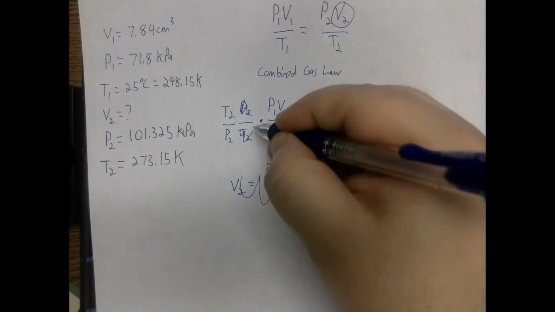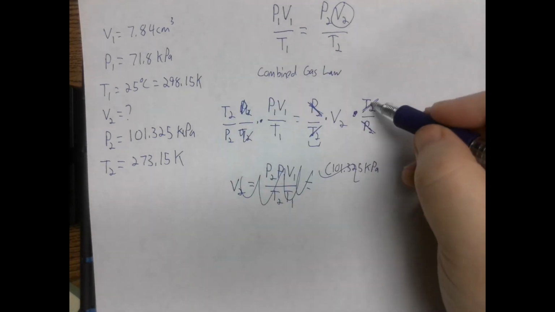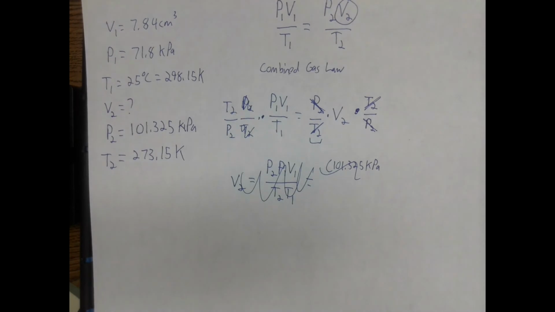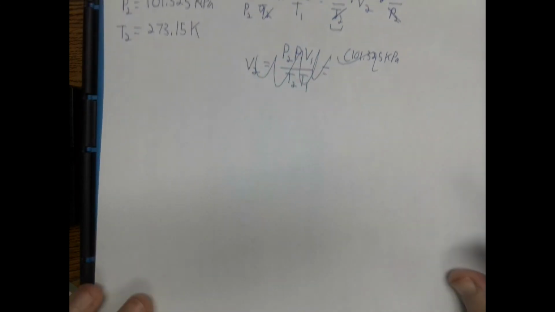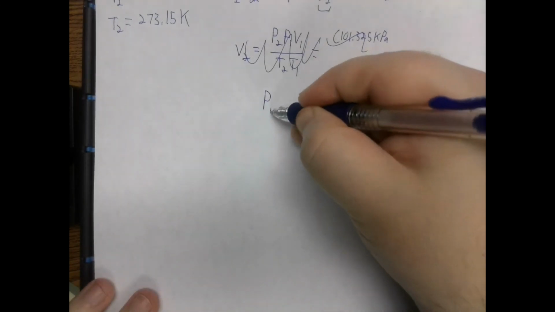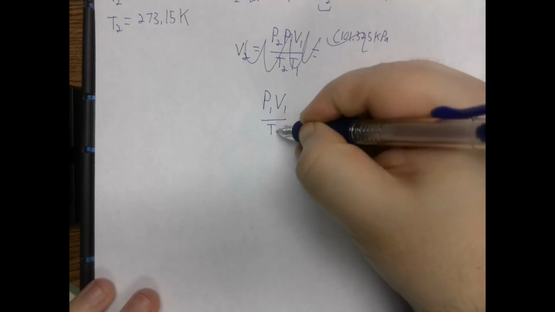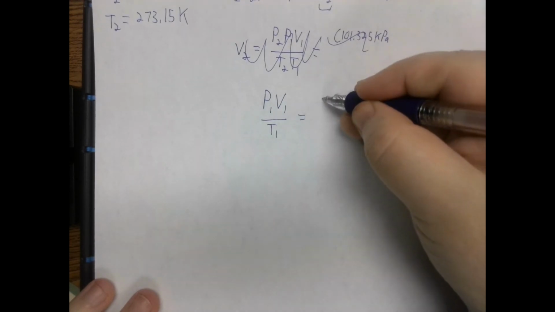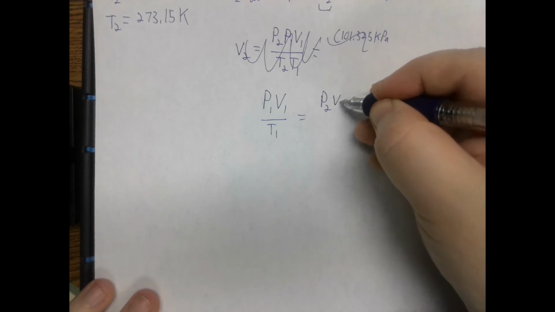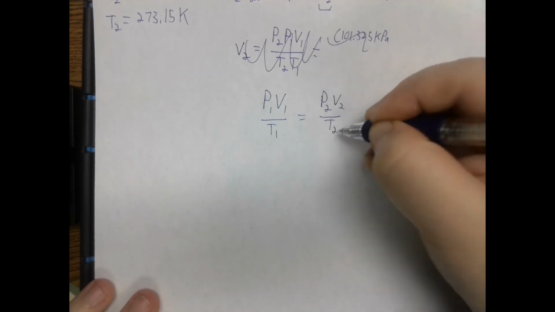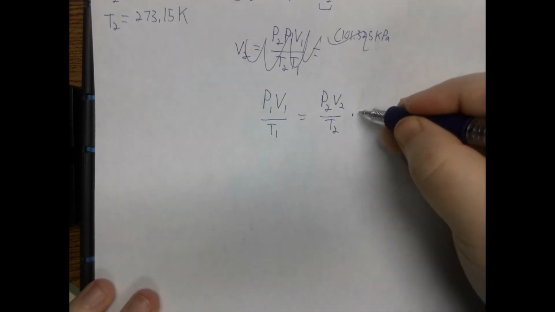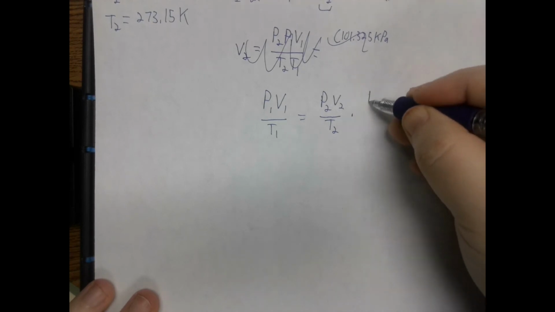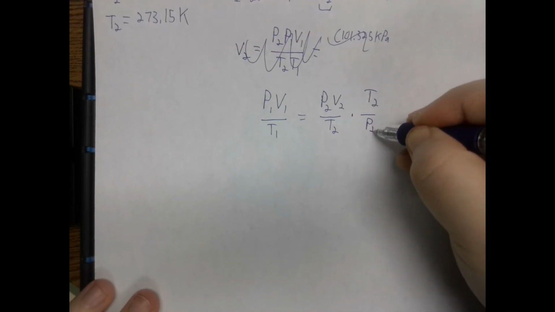So you multiply the reciprocal to both sides, T2 over P2. Let me just redo that. So we started with P1 V1 divided by T1, and that is equal to P2 V2 divided by T2. We multiply both sides by the reciprocal, T2 divided by P2.